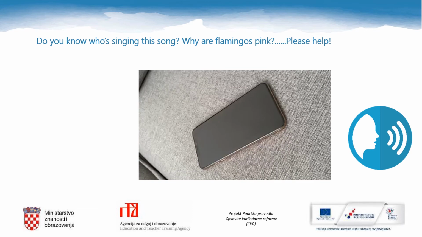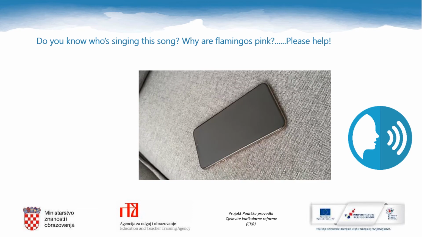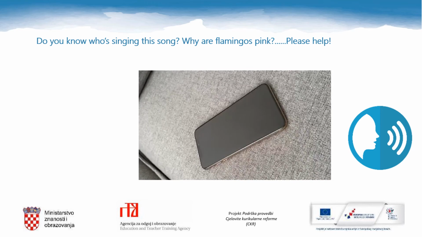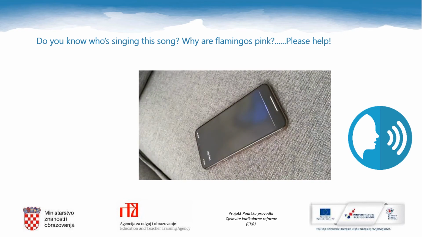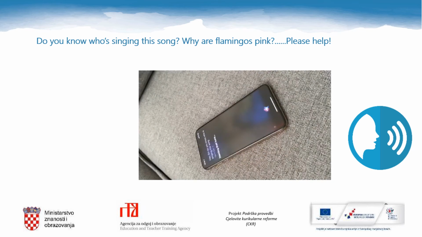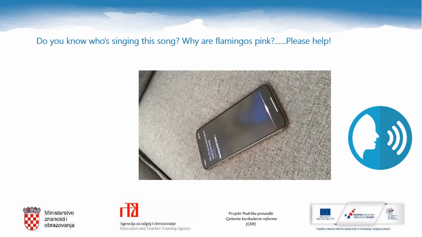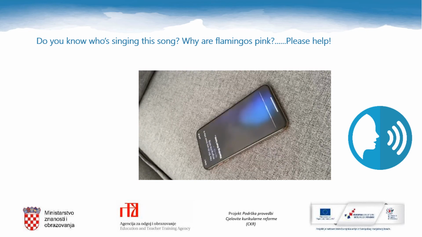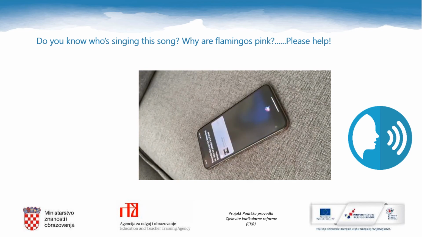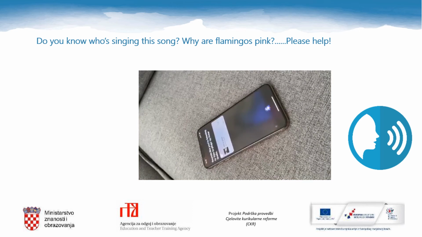I'm not sure who's singing this song, but I know who knows that. Hey Siri, do you know who's singing this song? Naming that tune. Sounds like you're listening to Autori Pitaju by Petagrazo.